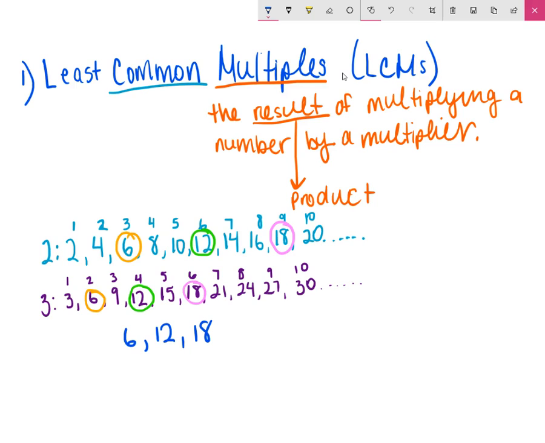Now the last word is least. Which one of these 3 is the least of the common multiples between 2 and 3? That would be 6. So 6 is the least common multiple of 2 and 3. And there you go. There's your answer.